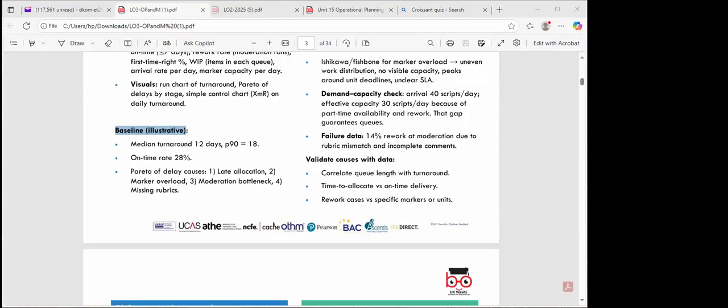You use this rule to determine the delays. It says that 80% of problems and delays are caused by 20%.